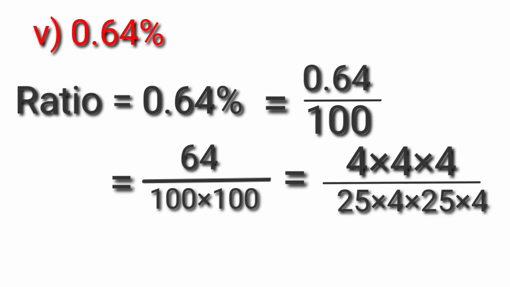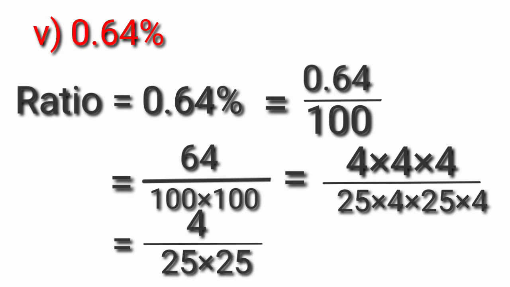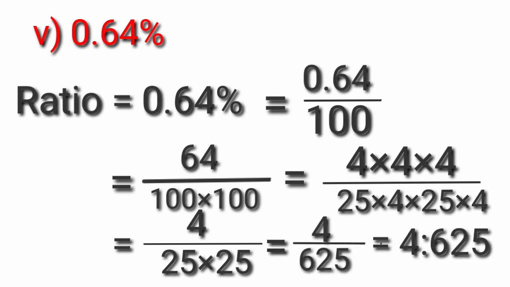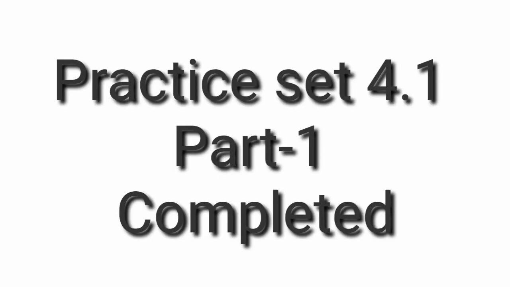So the factors of 64 are 4 multiplied by 4 multiplied by 4, and the factors of 100 are 25 multiplied by 4, again multiplied by 25 multiplied by 4. So 4 4 get cancelled, again 4 4 get cancelled. So it is equal to 4 upon 25 multiplied by 25, which is 4 upon 625, that is 4 is to 625. Remaining questions we will see in the next video.